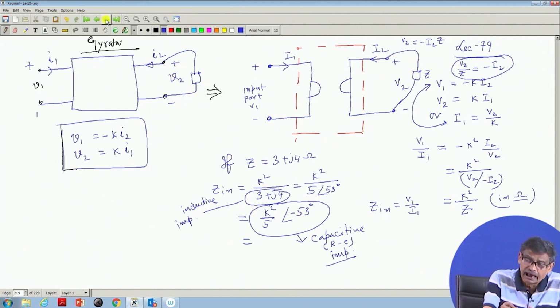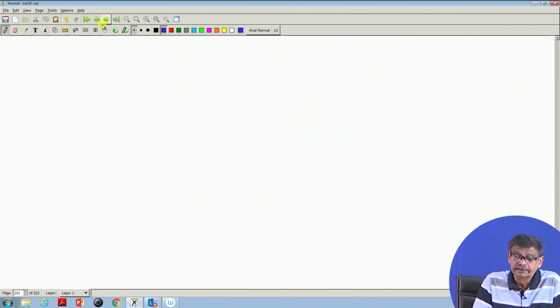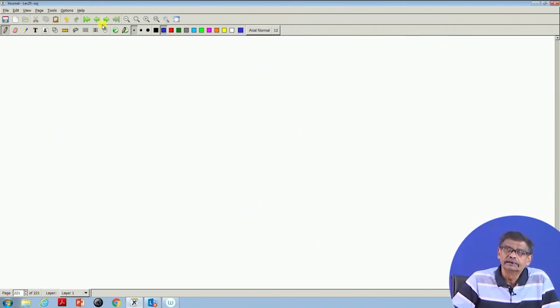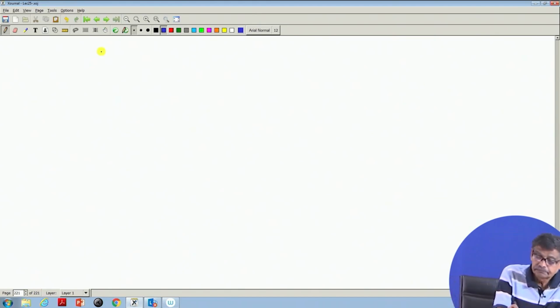Now, today what I will be doing here is giving you some idea of solving a circuit having some op-amps present in the circuit. Okay. So, circuits with op-amps, called operational amplifiers.